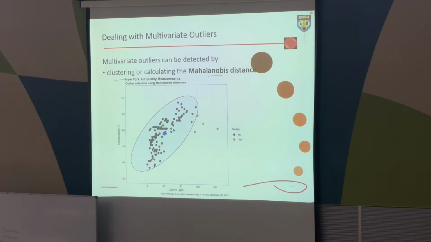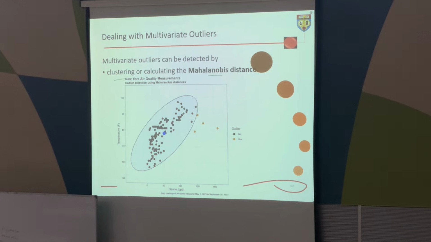It is an oval shape, and there is a formula to calculate this distance. If there is a data point outside your oval shape here, it is also considered an outlier.